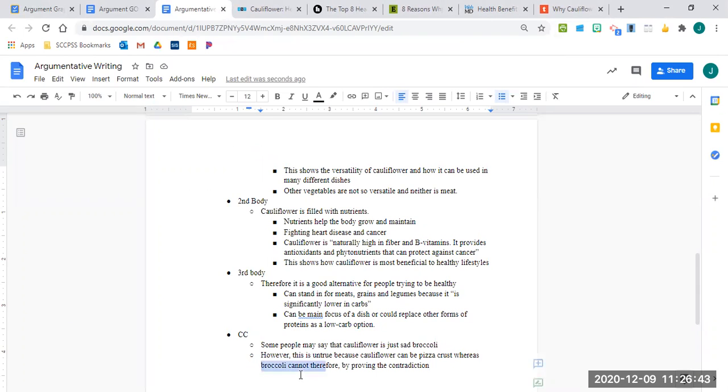So you can't say it's sad broccoli. Pizza crust, and pizza is the happiest food. Therefore, it cannot be sad. So that's the contradiction. That if it can be pizza, pizza is not sad. So how can it be sad if it can be pizza?